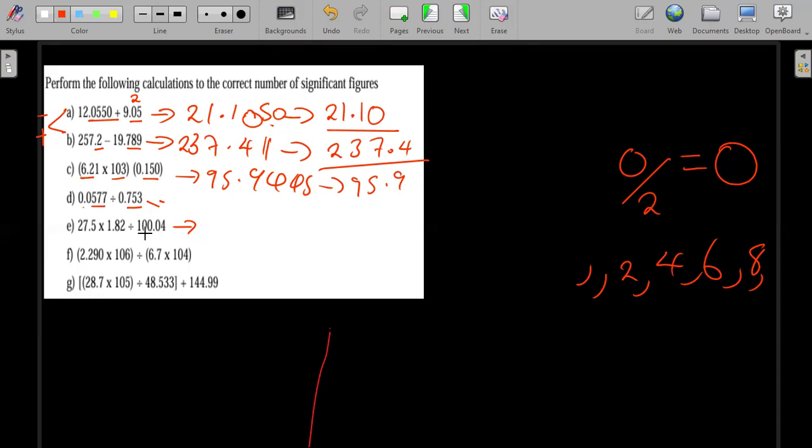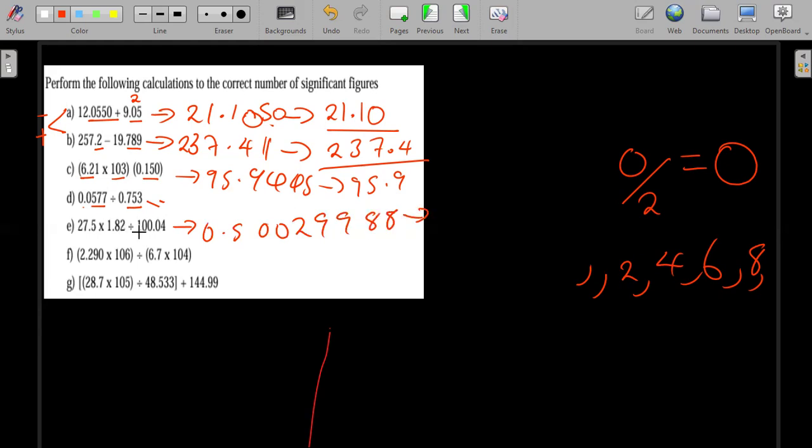So we have 27.5 multiplied by 1.82. Then we divide by 100.04. I'm getting 0.5002998.